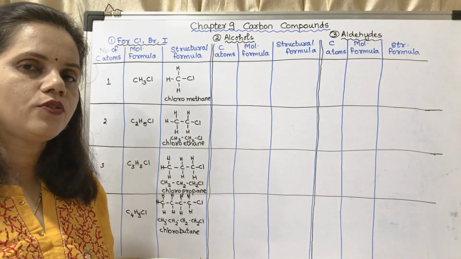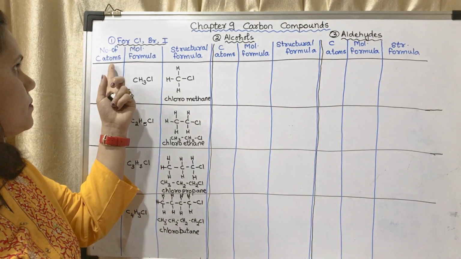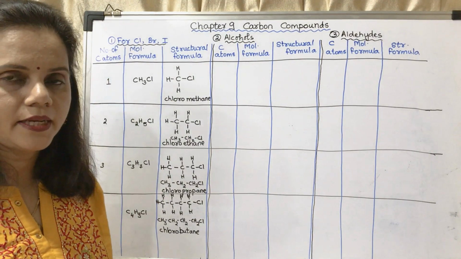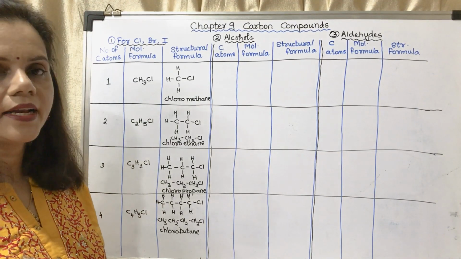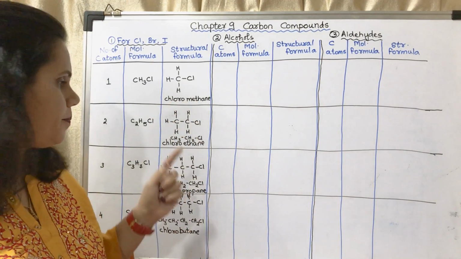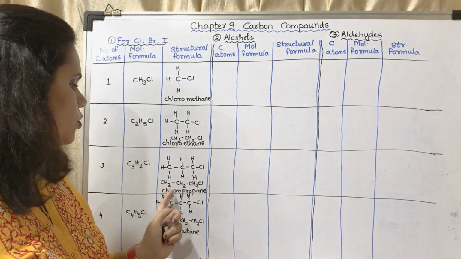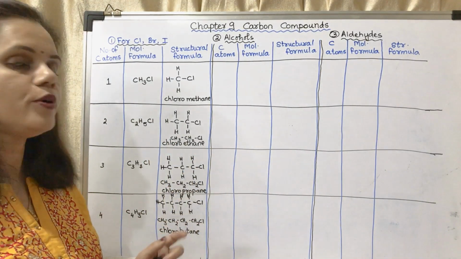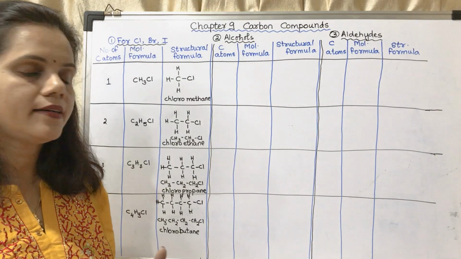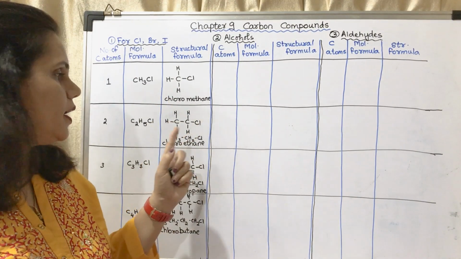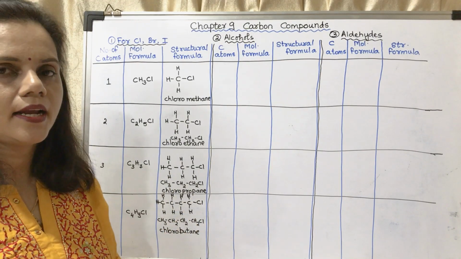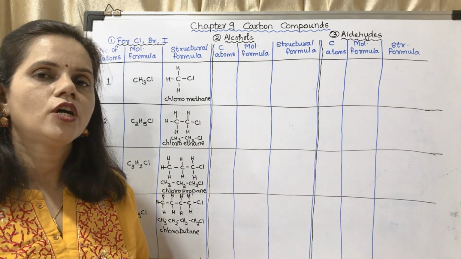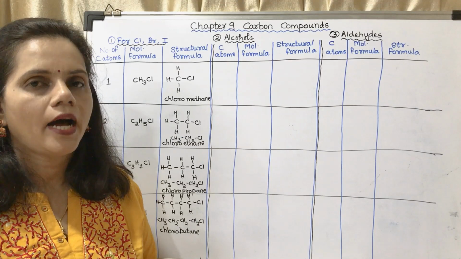So these are the first 4 compounds having the functional group chloro. Similarly, you can have bromomethane, bromoethane, bromopropane, bromobutane and so on. Otherwise, iodomethane, iodoethane, iodopropane, iodobutane and so on. So this is about chloro, bromo or iodo.